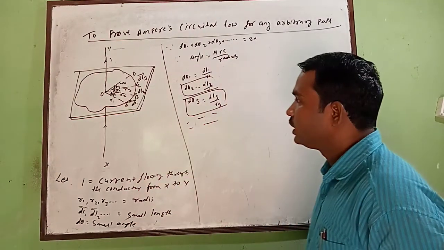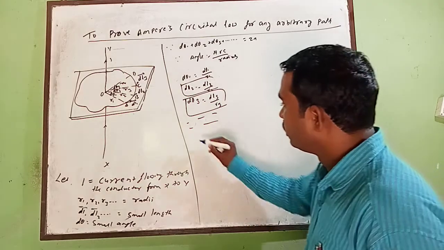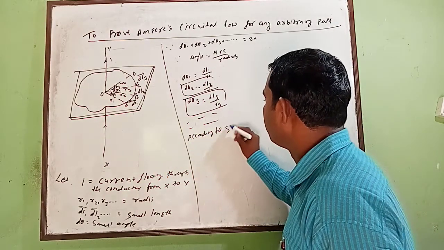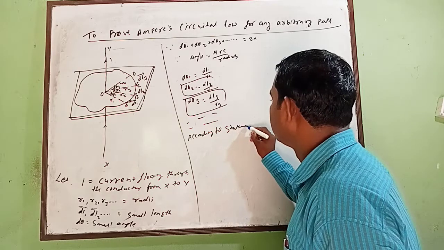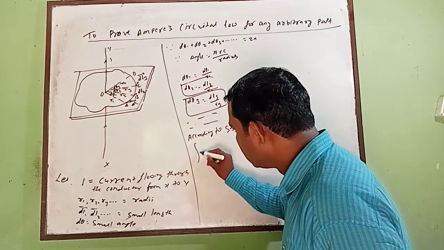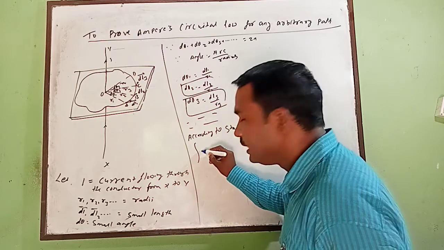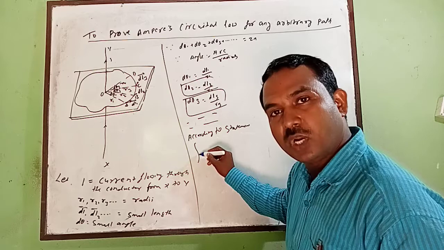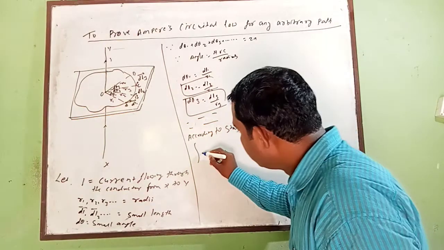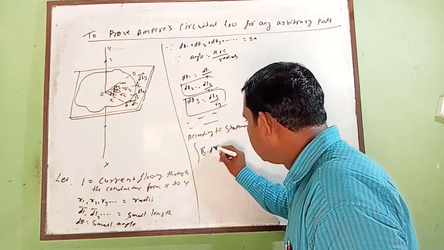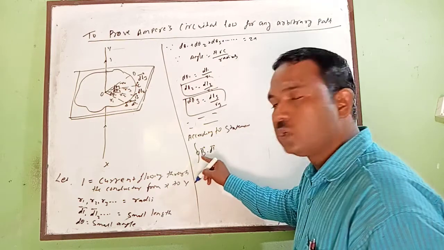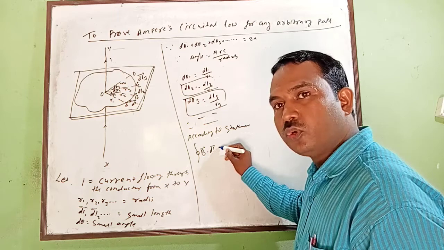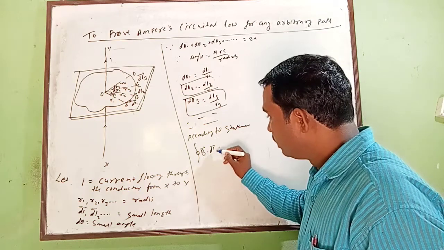Now, according to the statement of Ampere circuital law, you know that the line integral of the magnetic field along a closed path equals mu naught times I, that is, closed integral of B dot dl equals mu naught I. That is what you will prove.